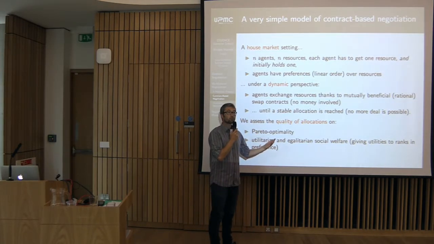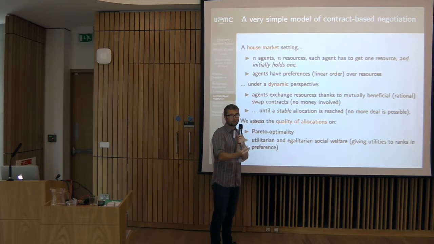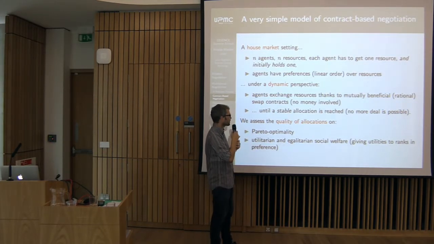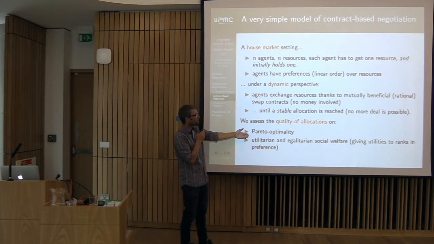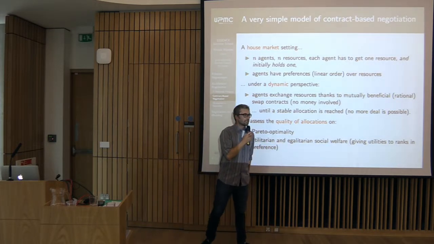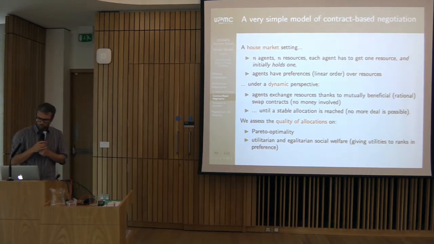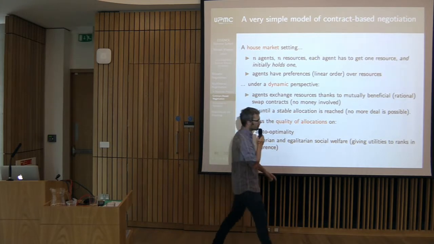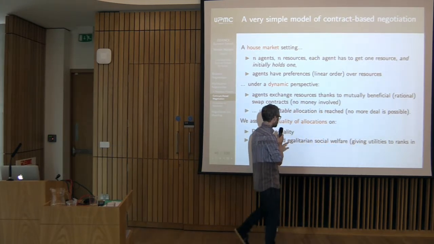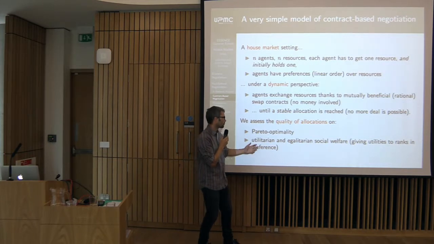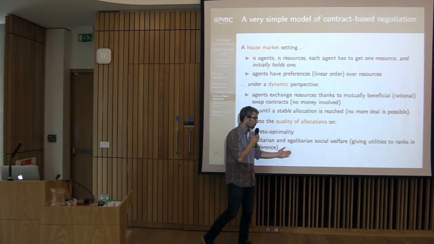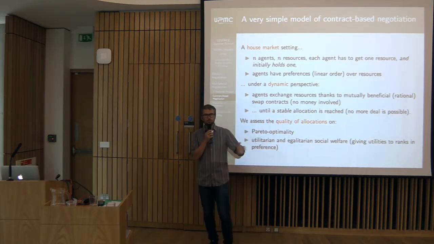We repeat until we get to a stable allocation, meaning that no contract is possible within the society of agents. No more deal is possible. And in the end, we want to assess the quality of the allocation: Pareto optimality or utilitarian and egalitarian optimality. I said that we just assume a ranking of the resources. Of course, here we have cardinal notions, so to get something meaningful, we'll put points on the different positions in the ranking.